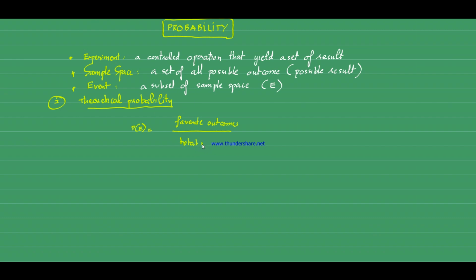The total number of outcomes is just the sample space, and the favorable outcomes are the event, the subset of the sample space that you want. That's the formula to calculate theoretical probability.